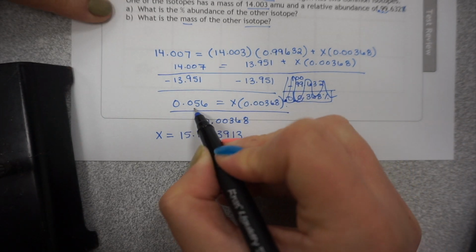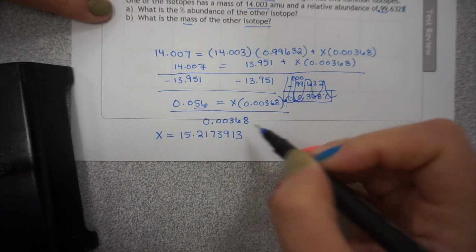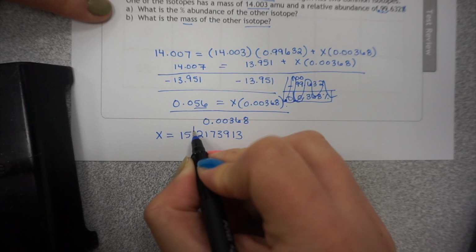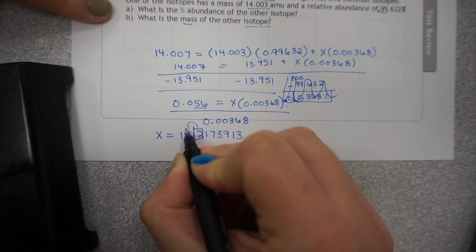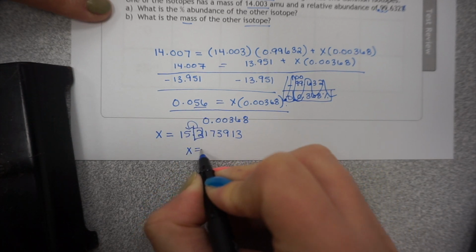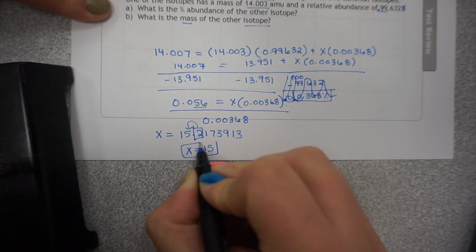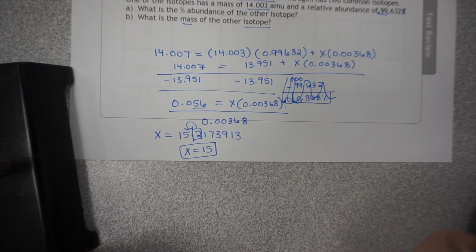So if we look up here, we have 2 significant figures here, 3, so we're going to take it down to 2. So we're going to stop here, we're going to look at this, it does not round that one up, so x equals 15. Okay, simple.